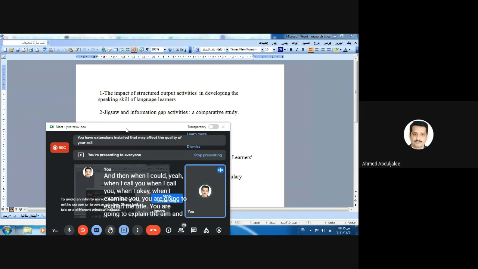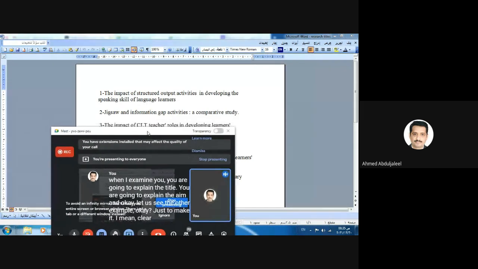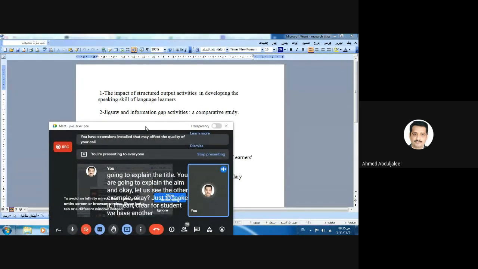Let us see the other example, just to make it clear for the students. We have another title: Jigsaw and Information Gap Activities, a comparative study. We say that this is related, again, to methods of teaching. The aim is just to compare between two activities. We don't have a practical part.